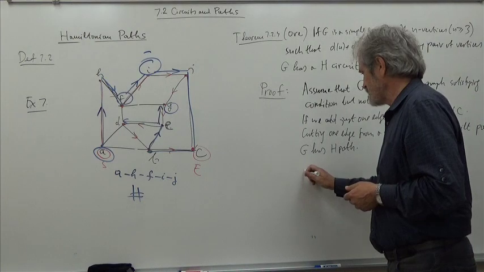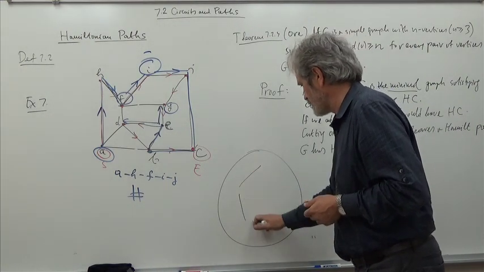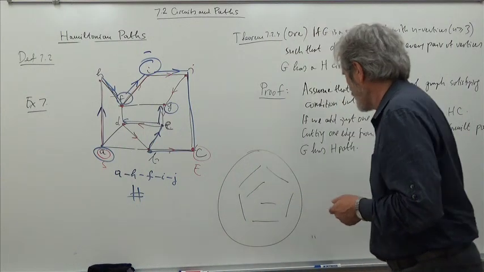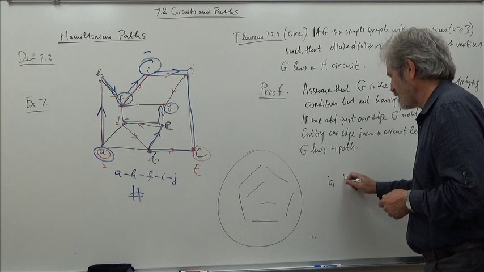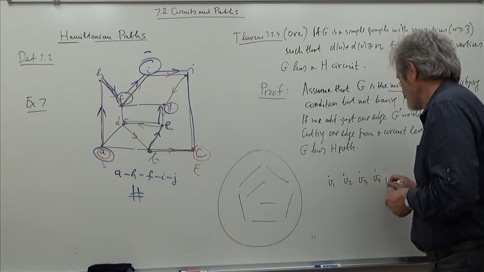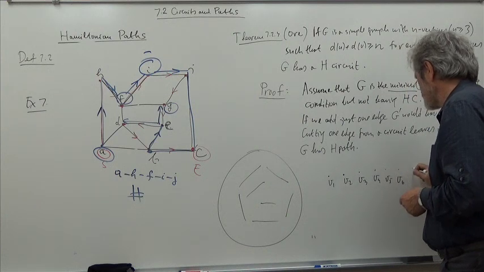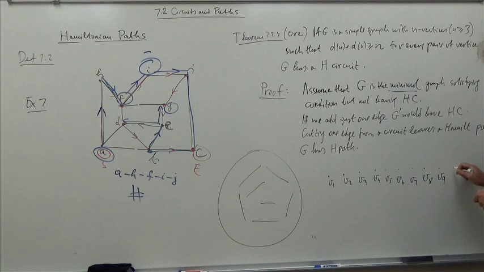So here it is, let this be the Hamiltonian path. We have graph G here, with all that structure, whatever that is. And then when you line them up, you have V1, V2, V3, V4, V5, V6, V7, V8, V9, and so on, Vn is the last one. And they are all connected.